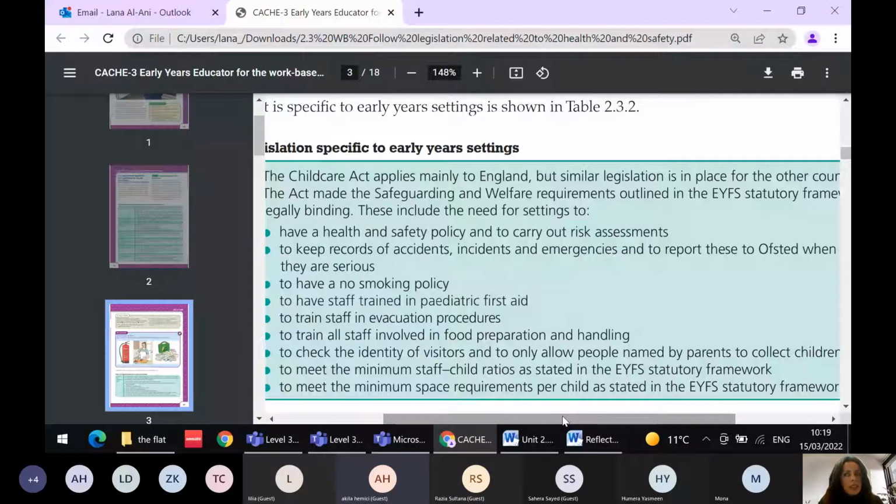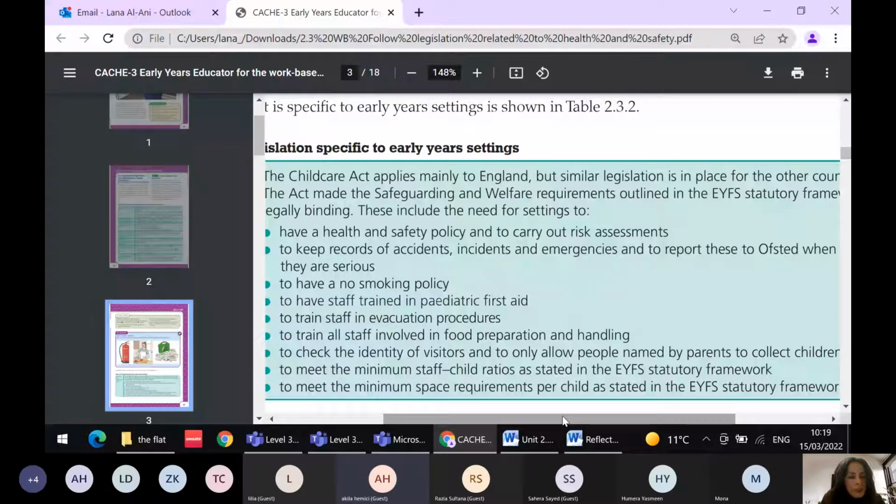Also have a no smoking policy. Why? Because people might be smokers, like any of the care assistants. They might smoke from time to time, but not in the nursery. When you're in the nursery, you shouldn't be allowed to smoke, and there should be a no smoking policy.